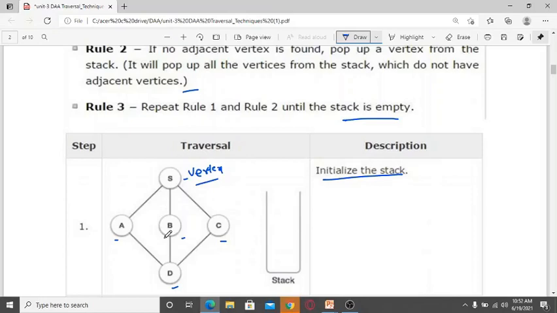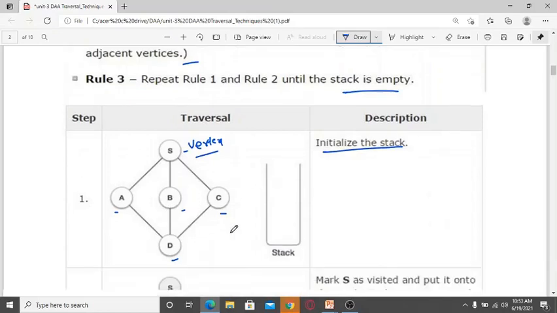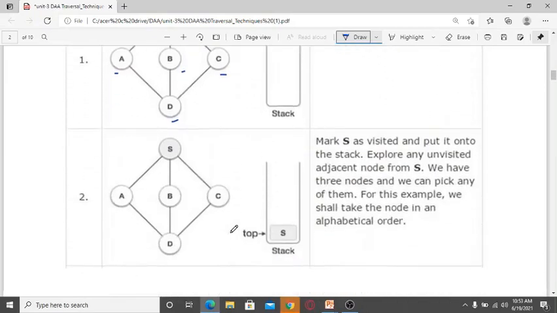That is the main advantage. Okay, so first we initialize the stack. The second step: I am here now, so I mark S as visited and put it onto the stack.